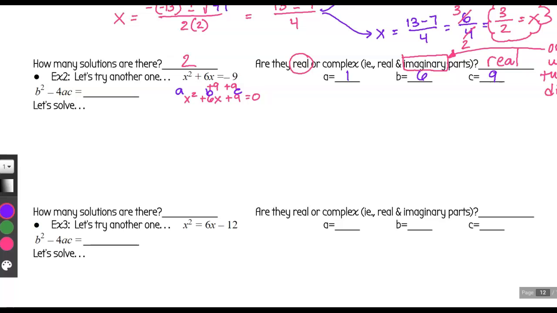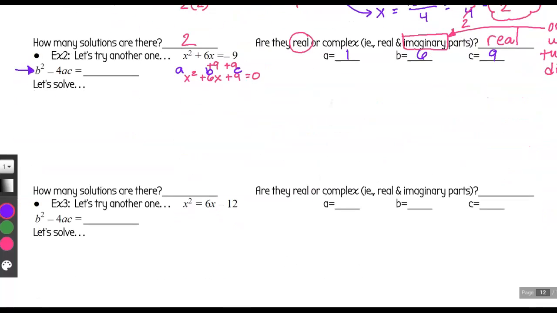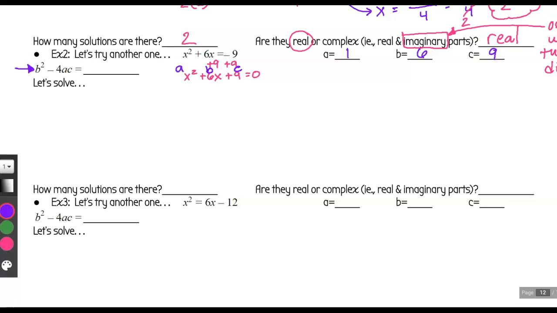So what did we do first? What did we find first, Sydney? It starts with a D. Discriminant. Yes, we found the discriminant, by plugging in B, which is 6, then squaring it, minus 4 times A, which is 1, times C, which is 9.